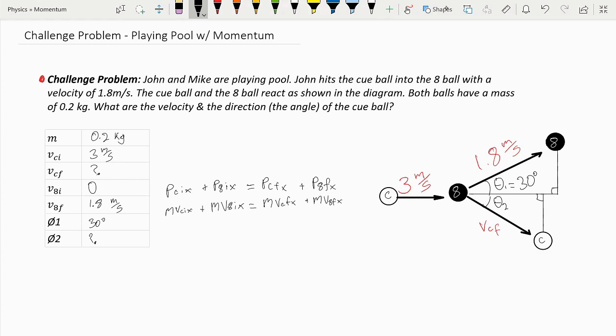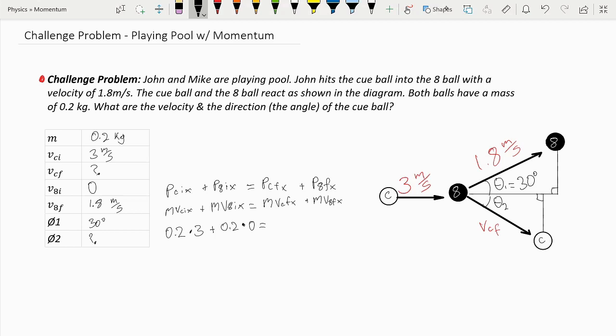So now let's fill in some values. The mass for both the balls is 0.2. The velocity of the cue ball initially in the x direction is 3, plus 0.2 multiplied by the velocity of the 8 ball initially in the x direction, and since the 8 ball was at rest, it's just 0.